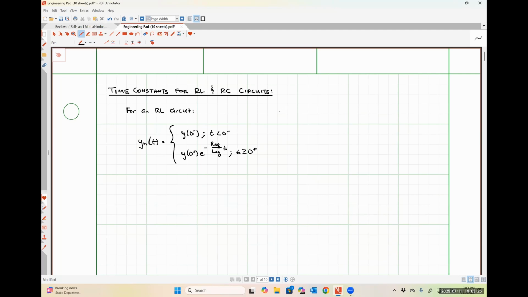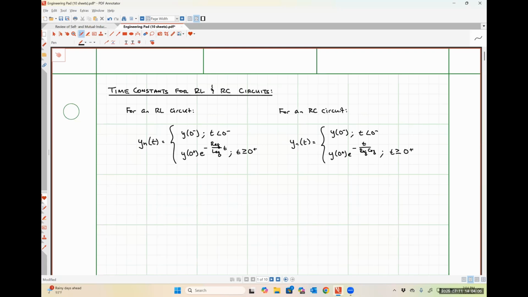Very similarly, for an RC circuit, our natural response is given by y(0-) for t less than 0-, and y(0+) e^(-t/(Req·Ceq)) for t greater than or equal to 0+.